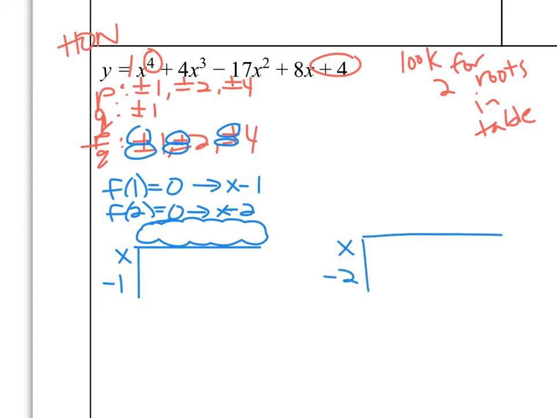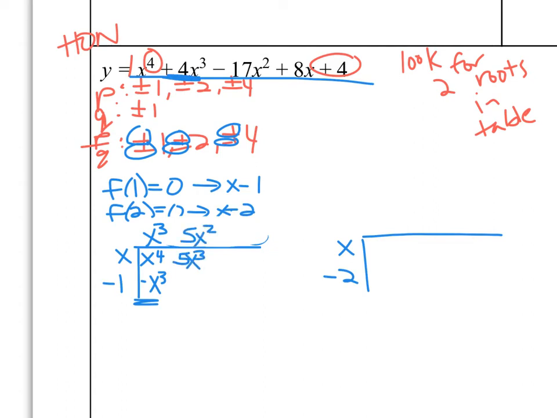All right, so I'm not going to go back to my original for the second part. All right, so let's go back to my original up here. First term, first box. So it would be x cubed, negative x cubed. I have negative x cubed, want 4, so I need 5x cubed. So it would be 5x squared, negative 5x squared.